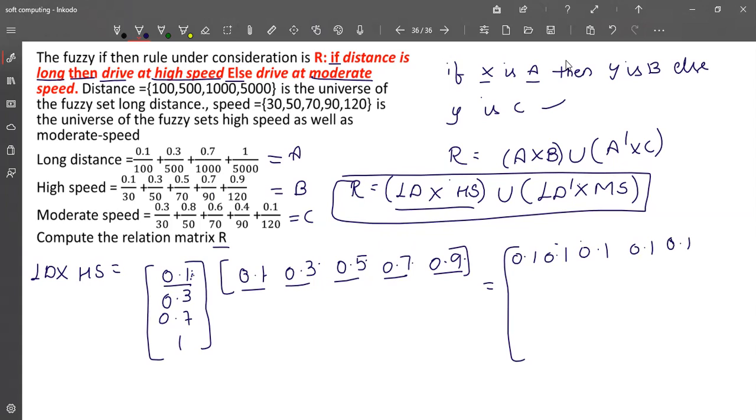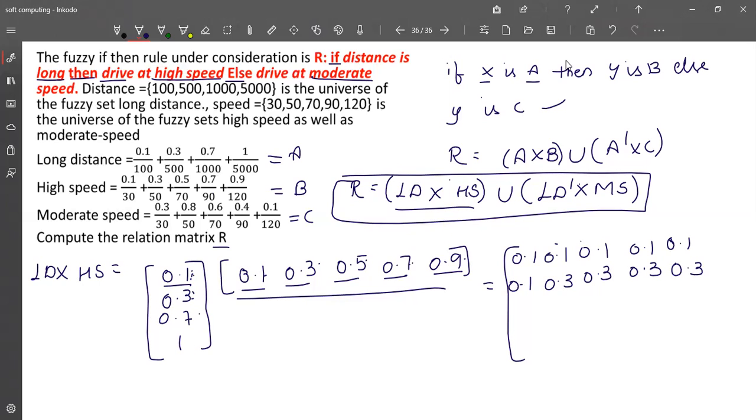Done. Now let's compare 0.3 with all these. 0.3 with 0.1 gives 0.1, and with 0.3, 0.5, 0.7, 0.9 gives 0.3.